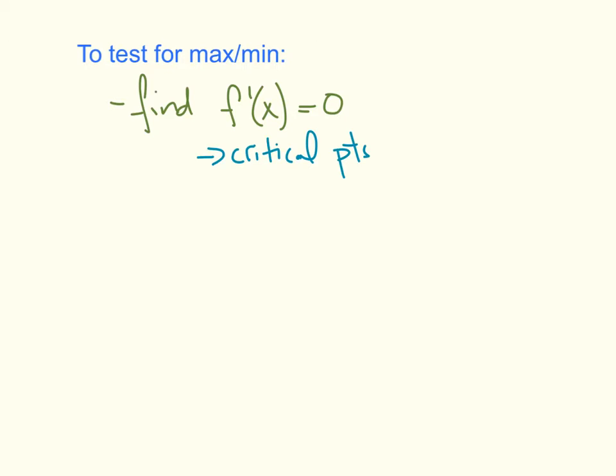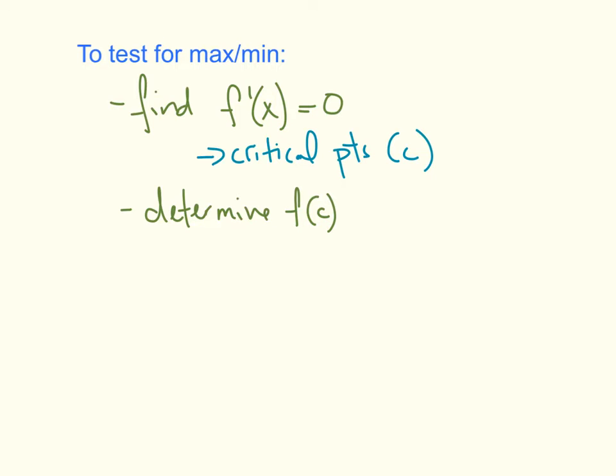Then we determine what the y value is at those critical points. Let's call our critical point C. We're going to determine f of C. Then we want to look at the endpoints, because just like in the case above, your endpoints might be higher than your critical points or lower than your critical points.